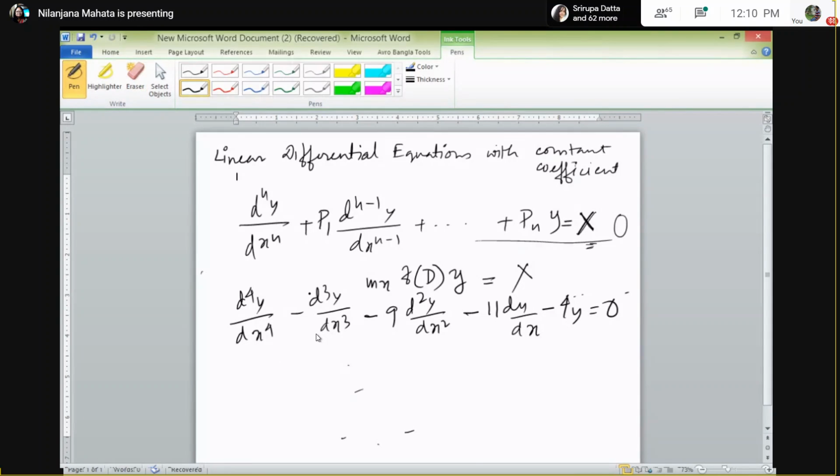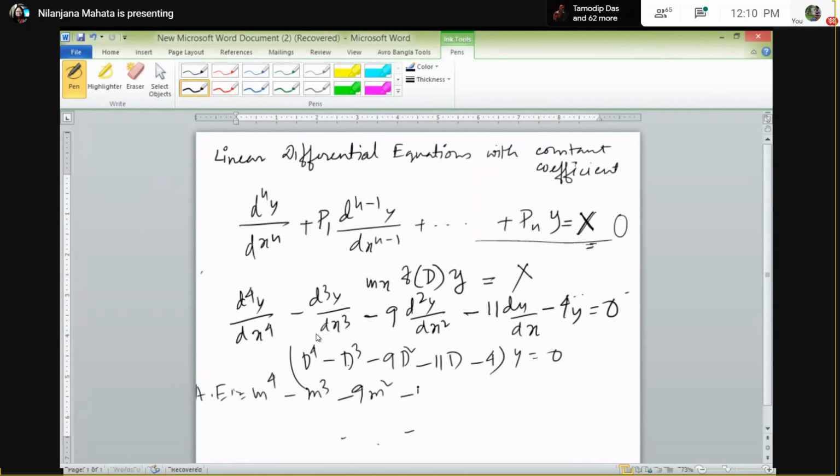These can be written as, that means the auxiliary equation is m⁴ minus m³ minus 9m² minus 11m.